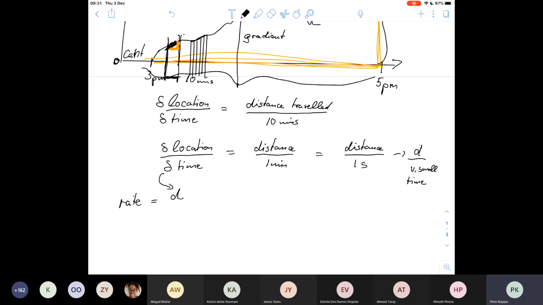We write this as d location divided by d time.